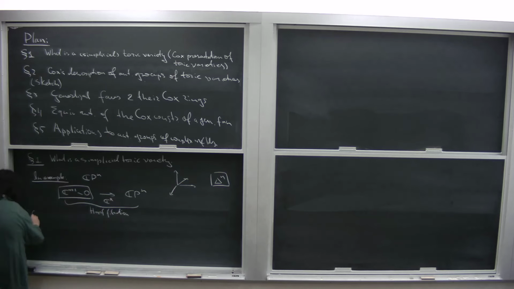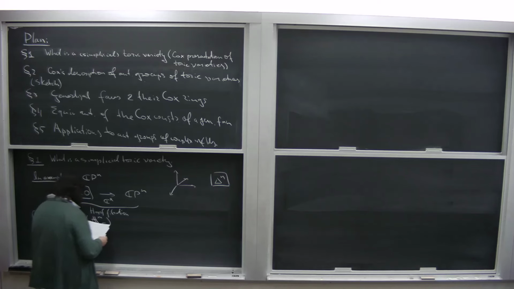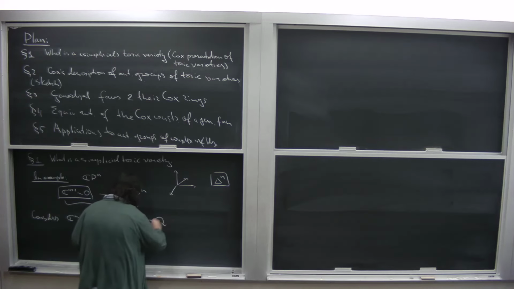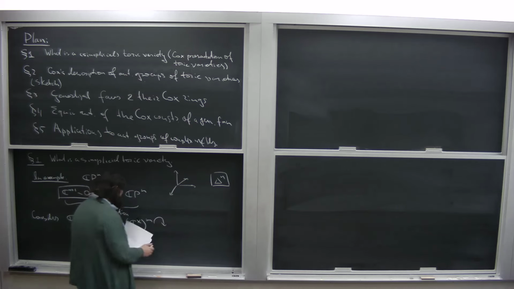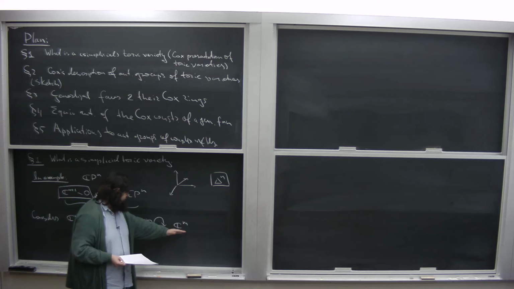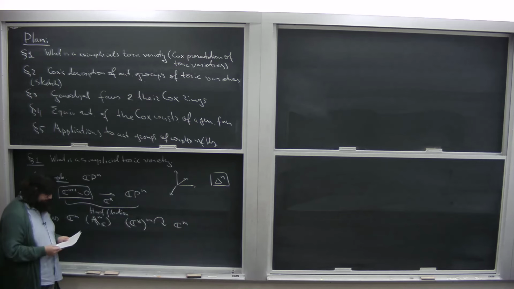So consider C^m. Then we have the action of the m-dimensional torus on this affine space, and we can ask what are the quasi-affine subvarieties of C^m which are invariant with respect to this action.